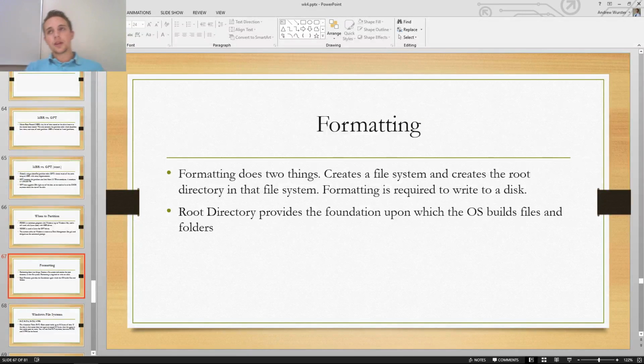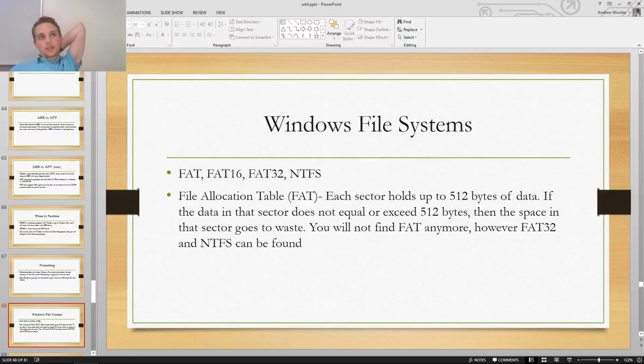Formatting doesn't just create a file system, it actually creates the root directory as well. And you can't do anything without first formatting it, except drill through it with a drill or hammer it if it failed. So these are the 4 most common file systems that have been used over the years.